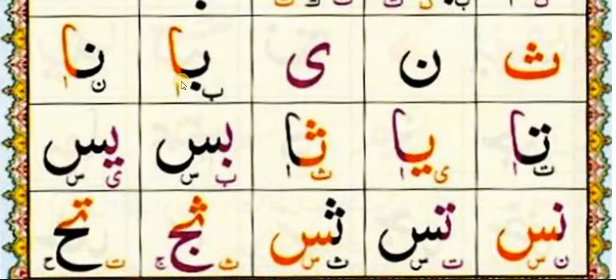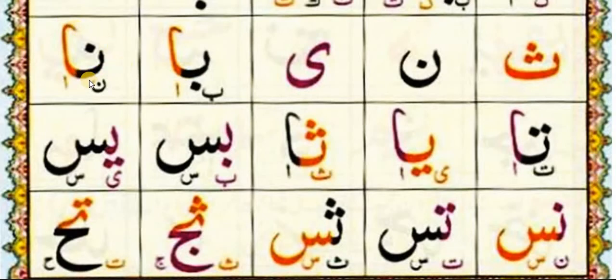Next is the short form of ba connected with alif. So it is ba alif. Noon alif.